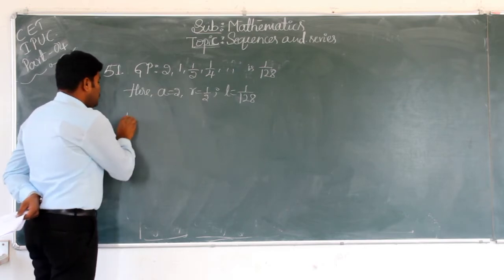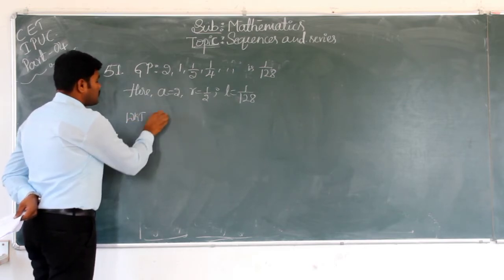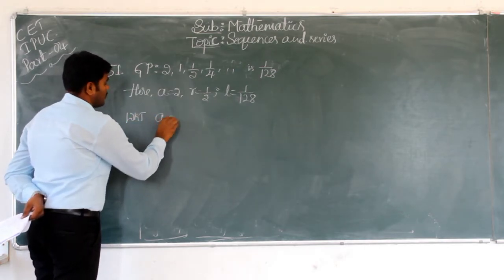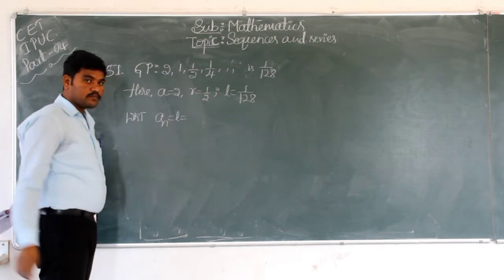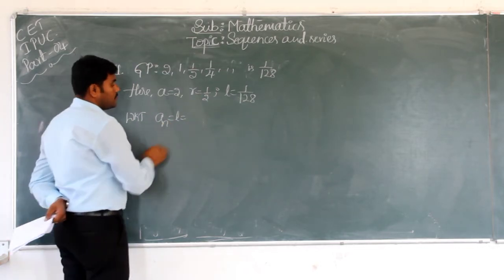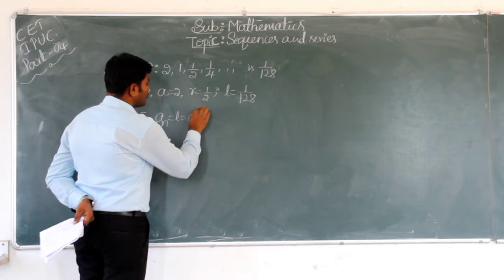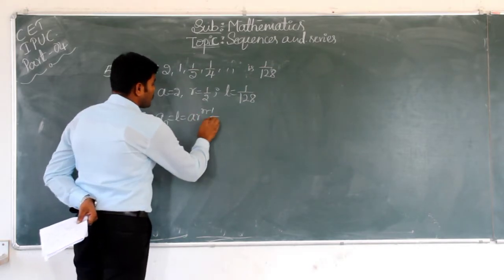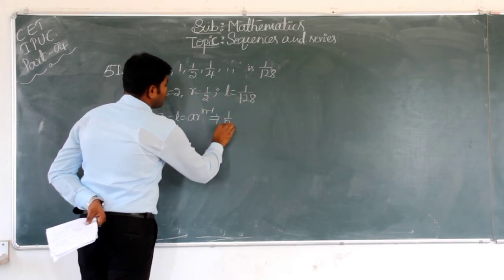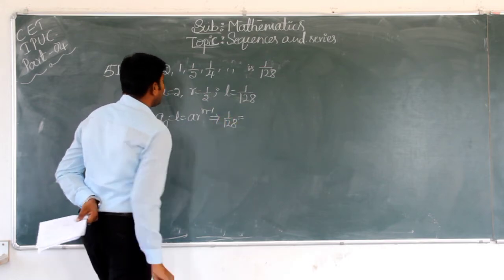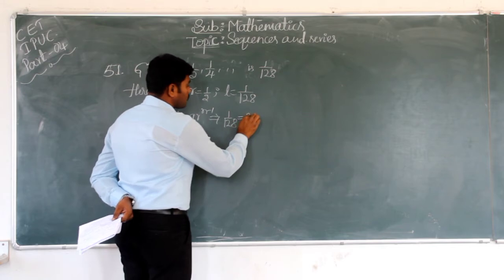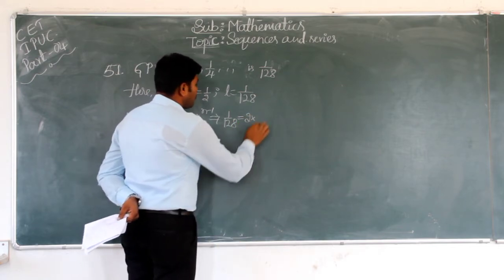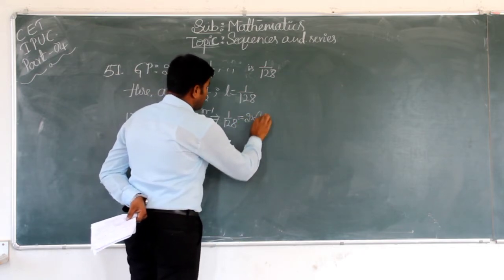By using this formula, we know that the general term or last term of a GP is given by A into R to the power of n minus 1. Substitute here. It becomes 1/128 is equal to 2 into 1/2 to the power of n minus 1.